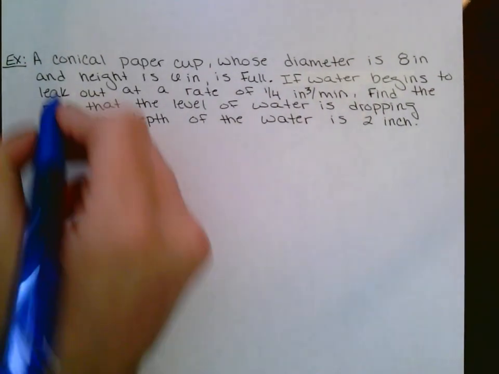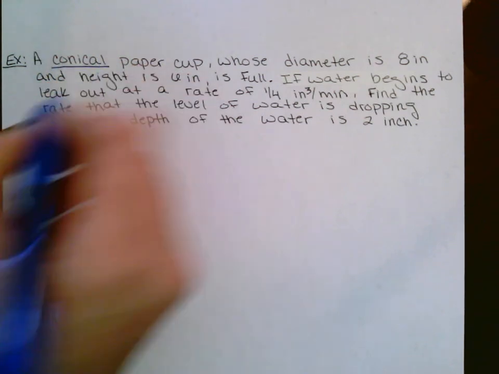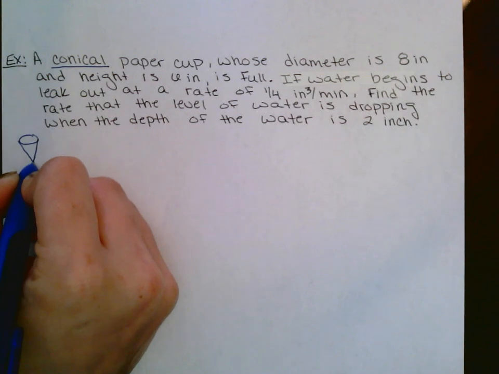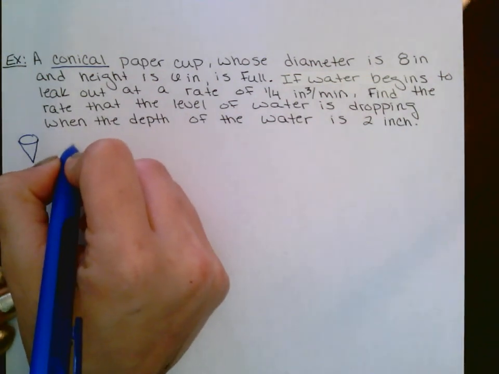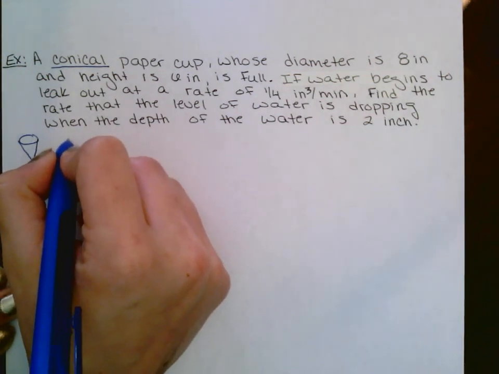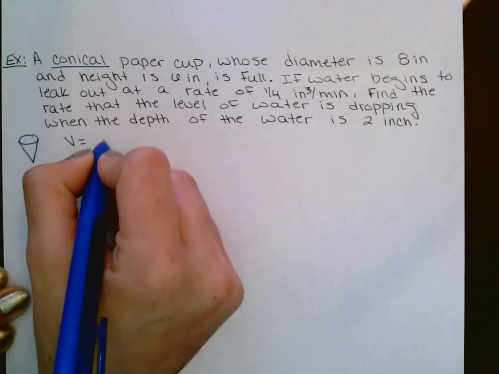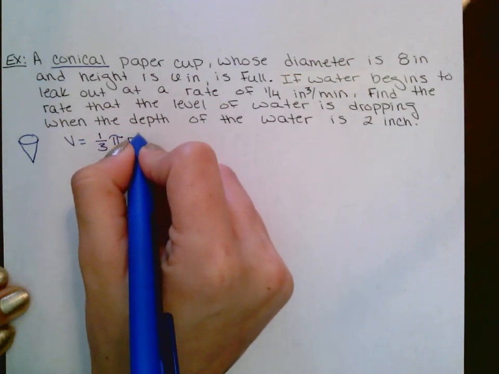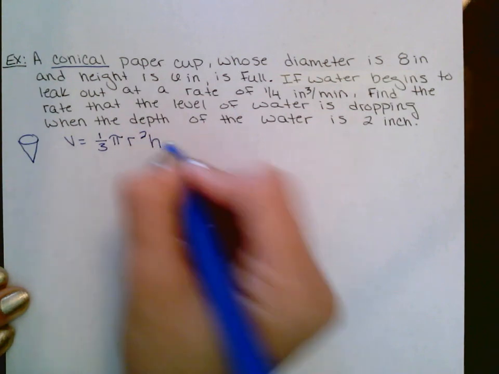This question says a conical paper cup, so we know our shape already, okay. And then the volume of a cone. This is a three-dimensional object, so it will be volume. We have 1/3 pi. Feel free to call that pi over 3 if that seems easier to you. Pi r squared times h. Okay.